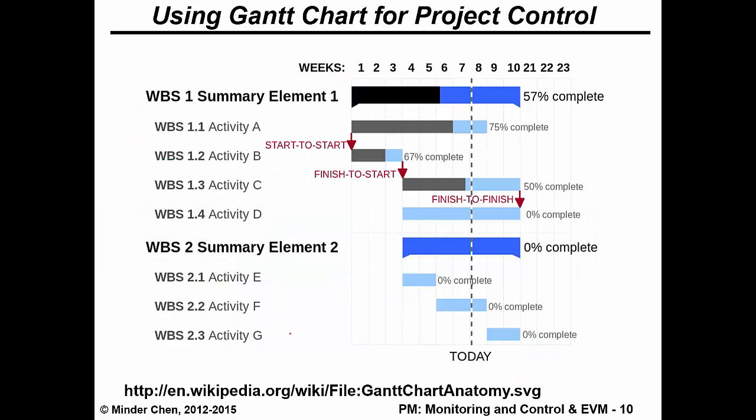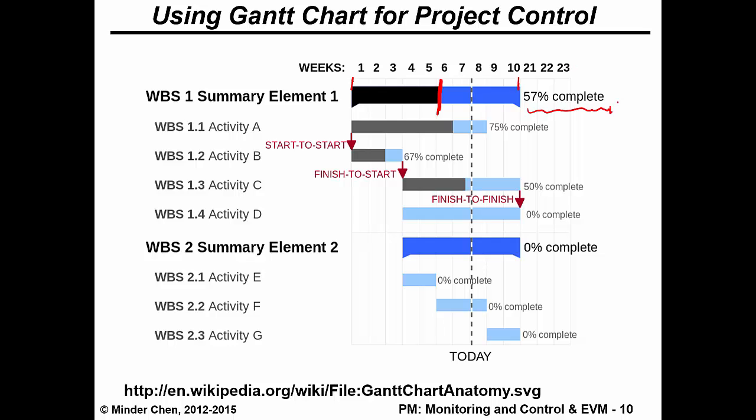Here's just a diagram using a Gantt chart for project control, and this is the original schedule for various tasks within a project. This darker area indicates the percentage of completion.